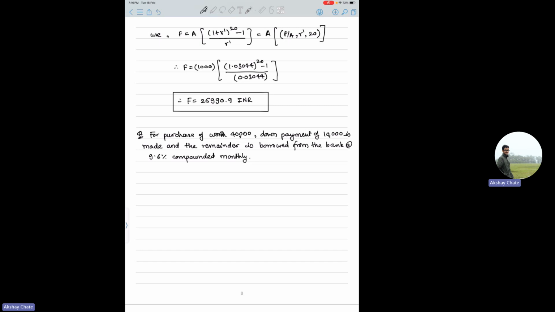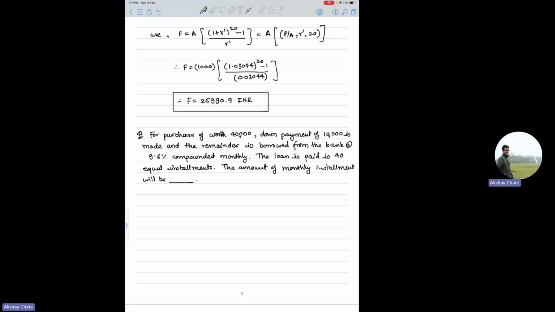The loan is paid in 40 equal installments, and the amount of monthly installment is what you need to find. That is the question.